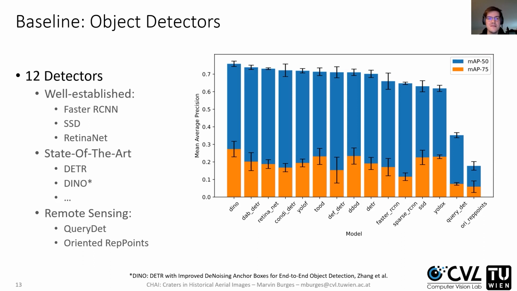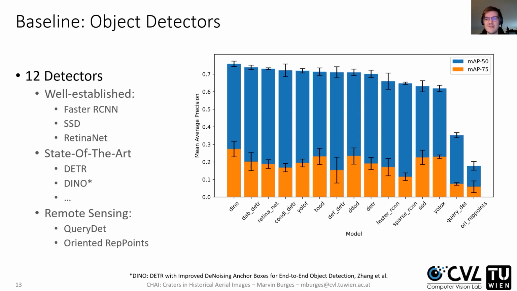So with regards to the baseline, we test 12 object detectors, some well established, some from the state of the art, and some directly designed for remote sensing. What you can immediately see from the results is that the object detectors designed for remote sensing perform very poorly.